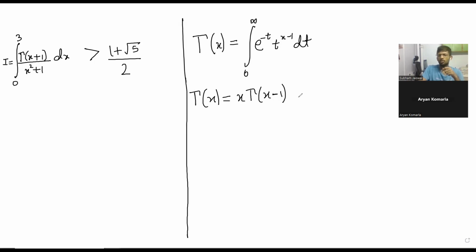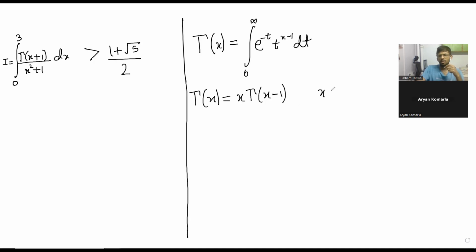What should be the restriction on x? x can be a complex number, but the real part of x should be greater than 0.